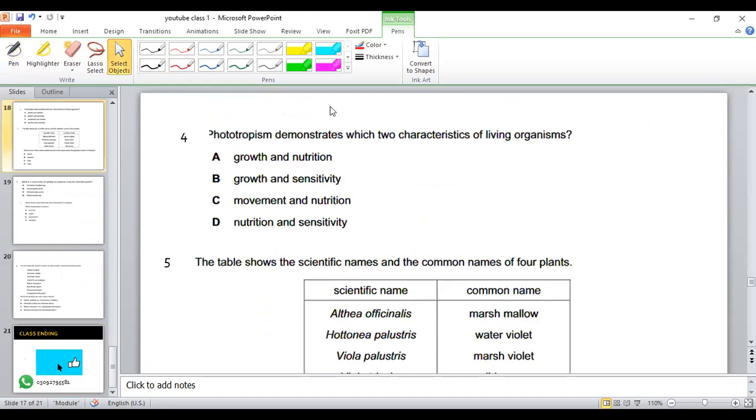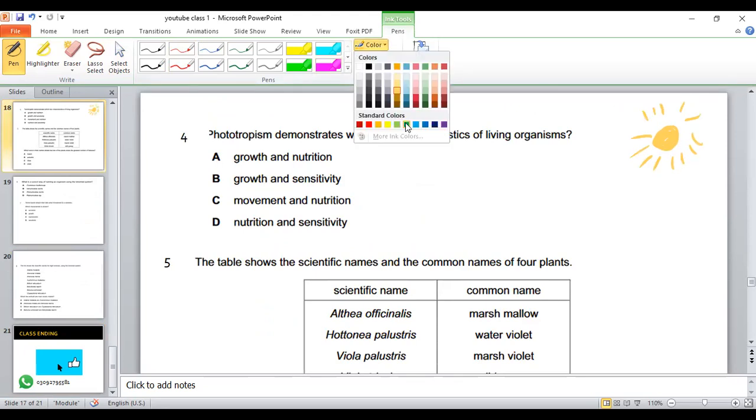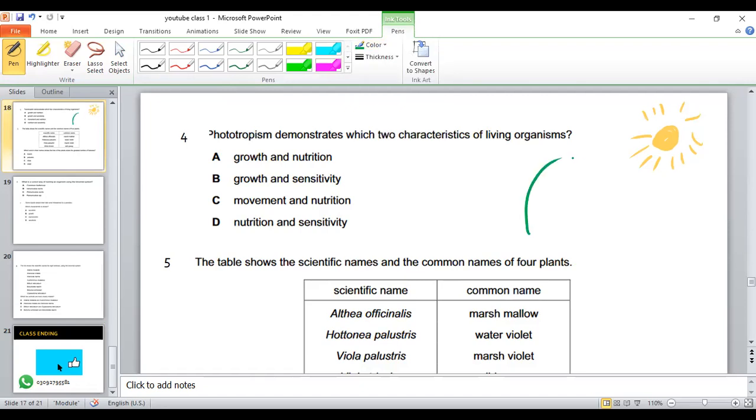Then phototropism. What is phototropism? Let's suppose we are observing that unidirectional sunlight is coming from one direction, and the plant is growing towards the sunlight. So what is this? This is phototropism. Which two characteristics of living organisms does it show?